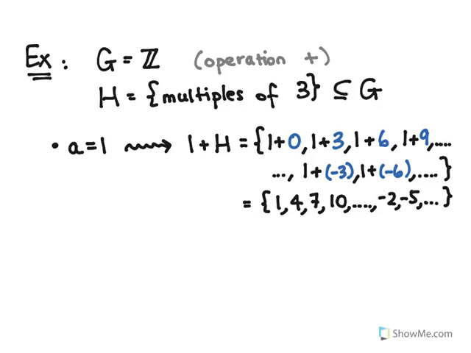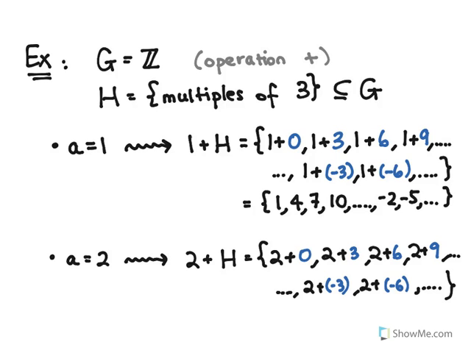They're 1, 4, 7, 10, and so on, as well as -2 and -5 and so on. So in other words, these are the numbers we met a couple of slides ago that are a multiple of 3 plus 1. So that's one example of a left coset, but I didn't have to pick the integer a to be 1. Remember, I can pick that to be any other integer. So keeping G and H the same, maybe let's try letting a be equal to 2.